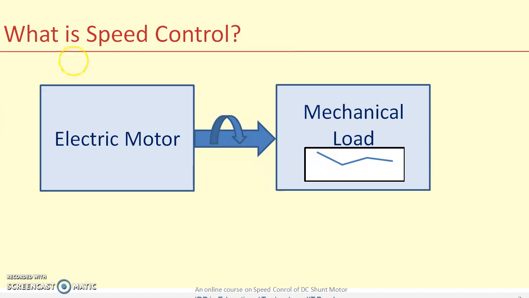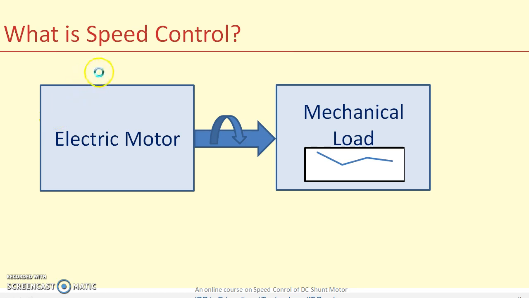What is speed control? Now let us see the nature of an electrical motor. An electrical motor is coupled to a mechanical load. This mechanical load varies with respect to time. With respect to time, the load decreases, increases, decreases. It is variable in nature. With respect to load, the speed of most electrical motors changes.